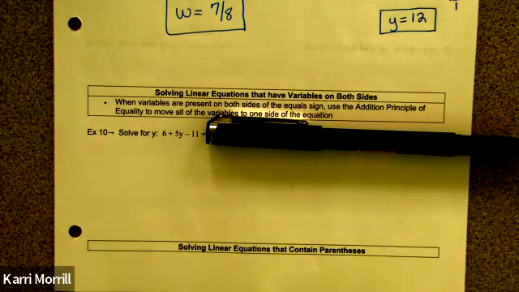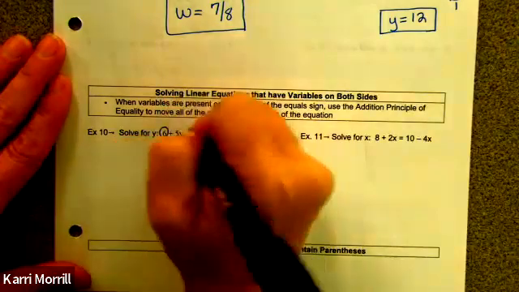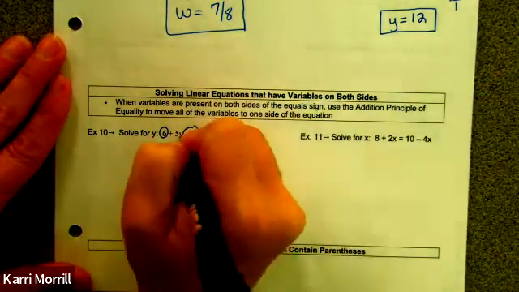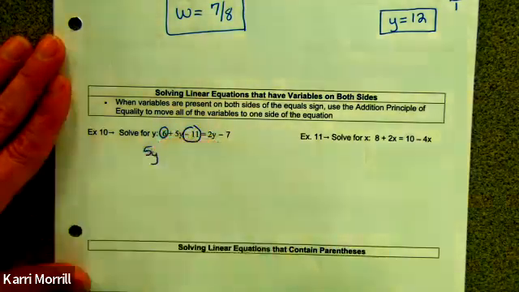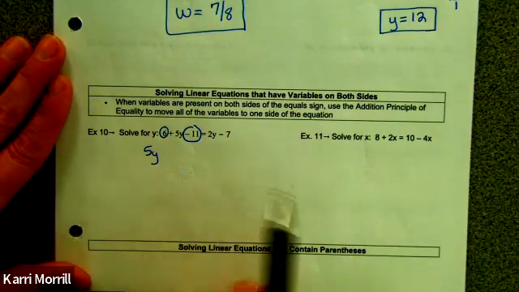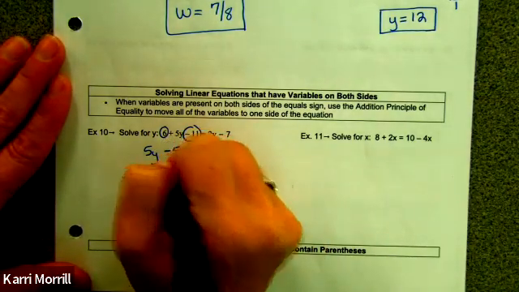Do you see anything that's a like term? Right, so we want to combine that before we move it. When we're combining it, we do exactly what it says, basically. So you see 6, and there's a negative or minus 11. I like to write 5Y first, and then do that, but you could have written negative 5 first, because 6 minus 11 is negative 5.